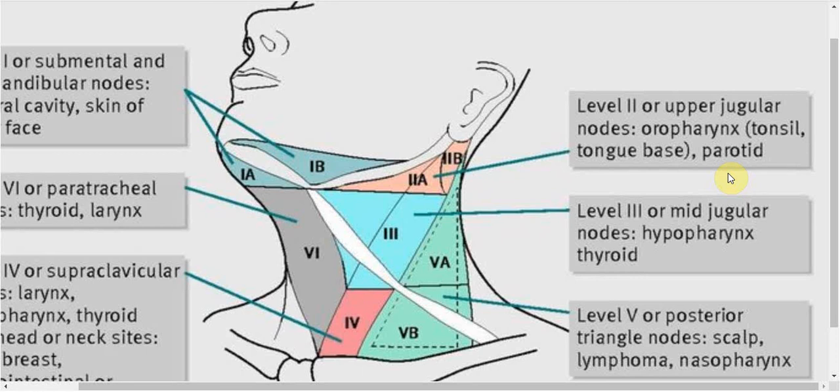Now let's talk about the middle jugular nodes, and these drain the thyroid and the parathyroid. You can see the thyroid. So the thyroid and the parathyroid glands are draining into the middle jugular lateral lymph nodes, and they receive efferents from the pre-laryngeal, the pre-tracheal and the para-tracheal lymph nodes.